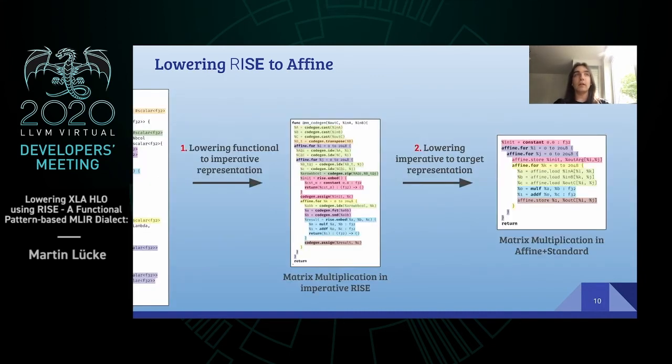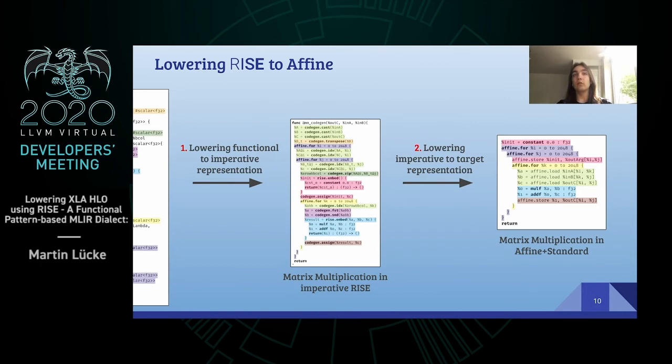And the second part of this process is lowering the imperative representation in the middle to the target representation, which is affine and standard. So we start already in the imperative world and perform this lowering by resolving all indexings and finish up by generating all necessary load and store operations. For instance, the blue multiplication depends on two values from matrix A and B, which we have to load before the computation.